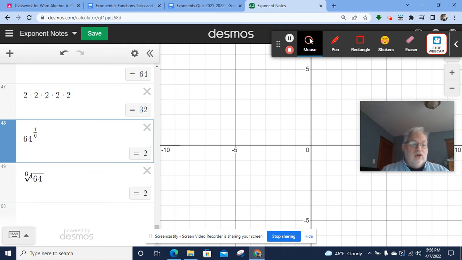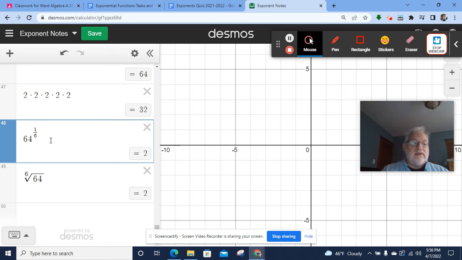You might notice that the square root symbol looks like a fancy long division symbol, and I think that's probably for good reason because rooting is a kind of special division. We're dividing 64 by something that will allow us to divide it 6 times by that same thing. Okay, so that's 64 to the 1/6 power.